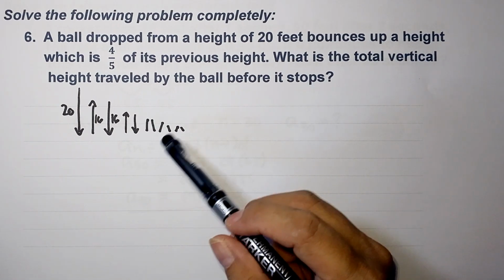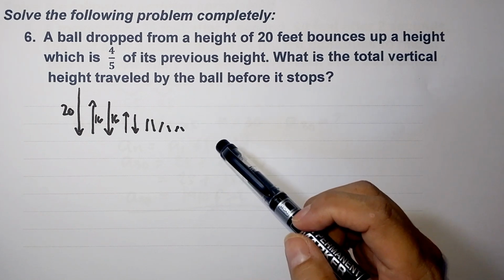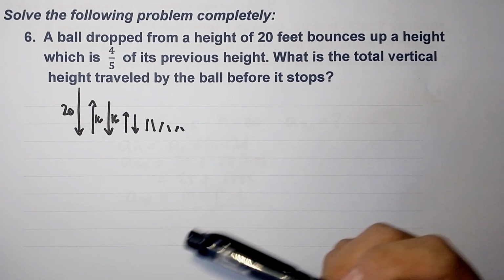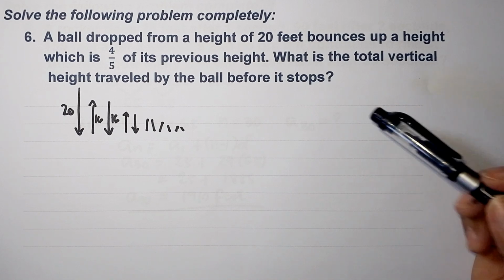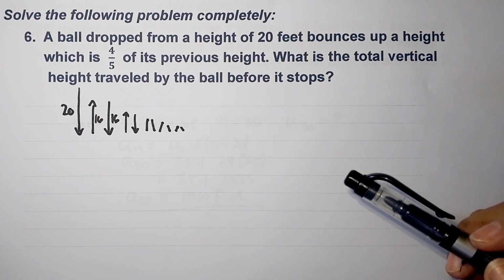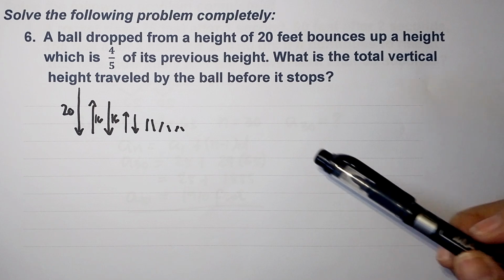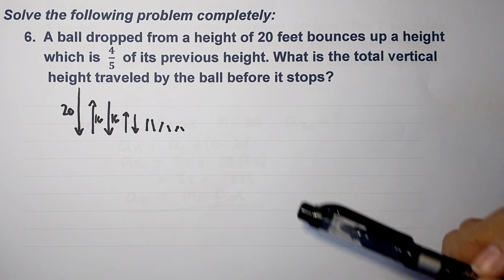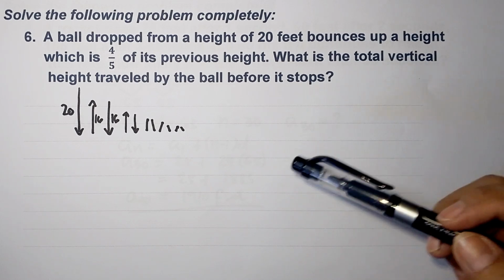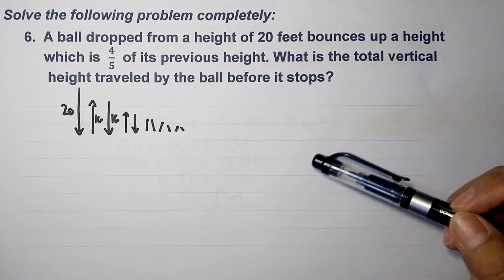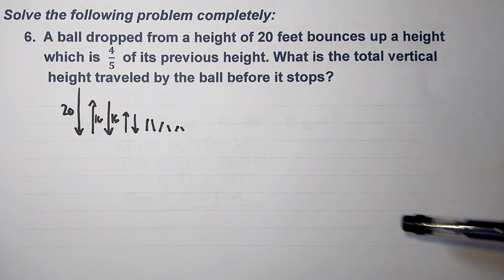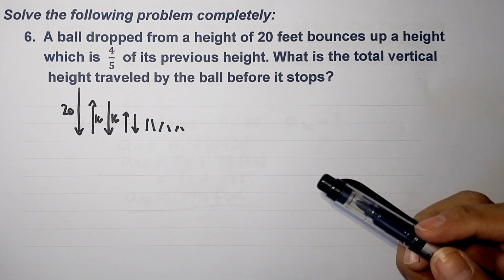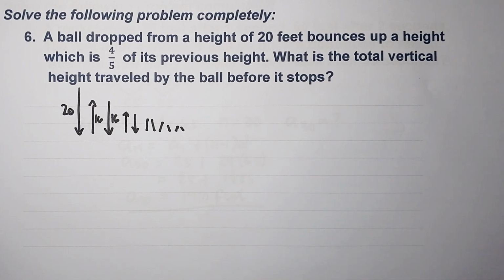Although in reality, the ball will stop bouncing at a certain point, this kind of problem can be treated as an infinite geometric sequence because theoretically this ball will not stop, since it will always bounce to a height which is a certain ratio of the previous height. But of course, outside forces like gravity and friction will make it stop later on. Still, we're going to treat it as an infinite geometric sequence.